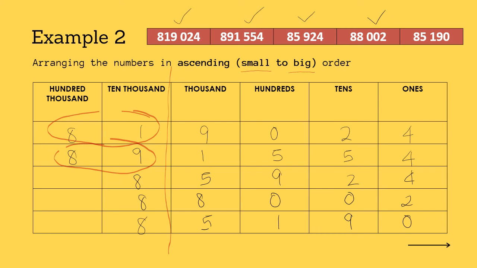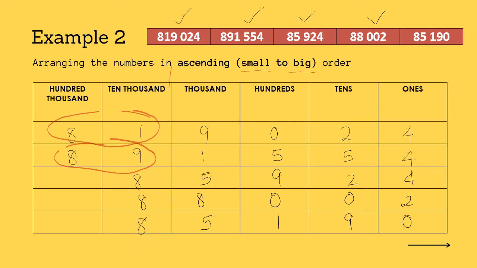So we have 81, 89, 888. We want the smaller number. We're going to pick the smallest number first. So we can't really choose 81 and we can't really choose 89 because obviously they are the biggest compared to these 8s. So obviously these two numbers will be the bigger numbers, so we're just going to compare these three numbers, but we can't really compare these three numbers because they're obviously the same. 888, they have the same value.